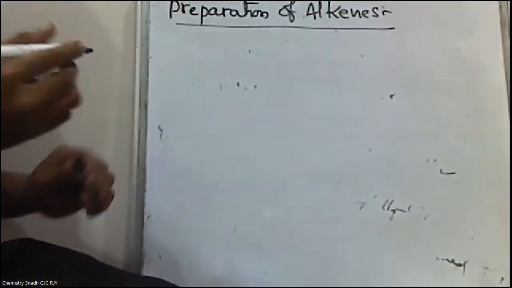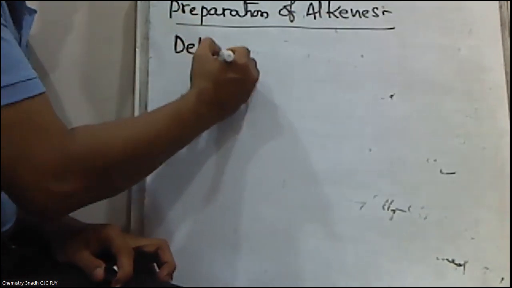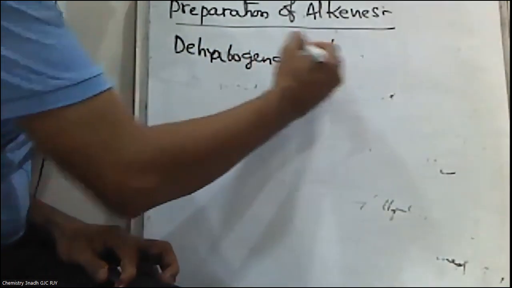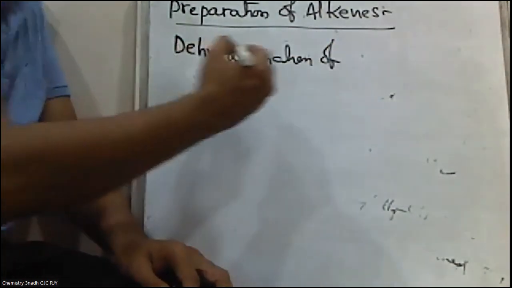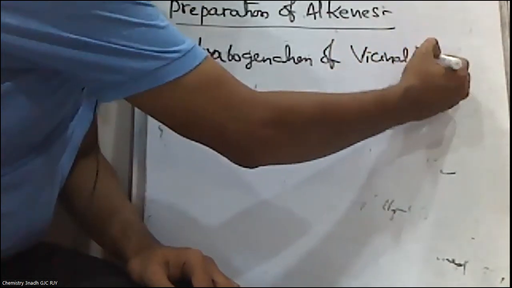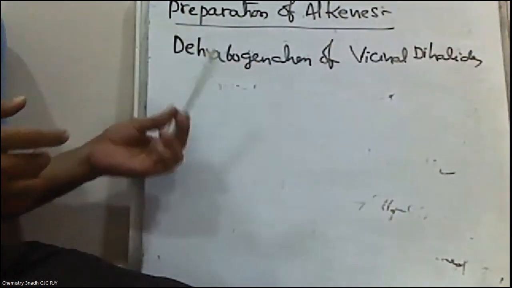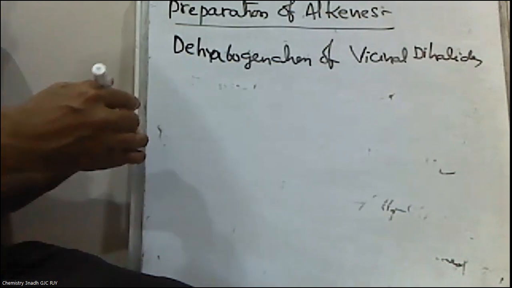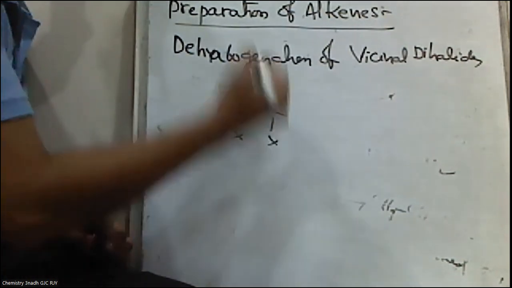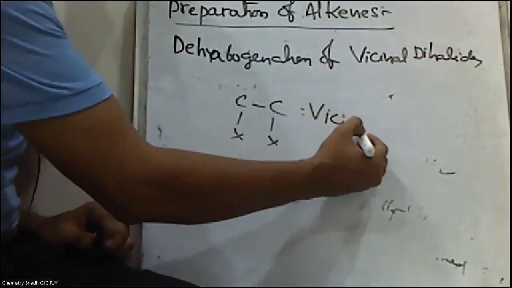Now the third one is dehalogenation of vicinal dihalides. We know that if adjacent carbons have two halogens, those are called vicinal dihalides.